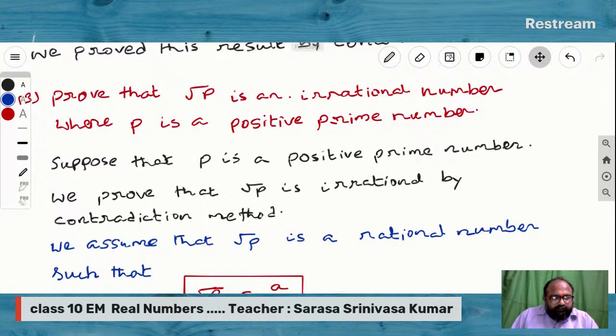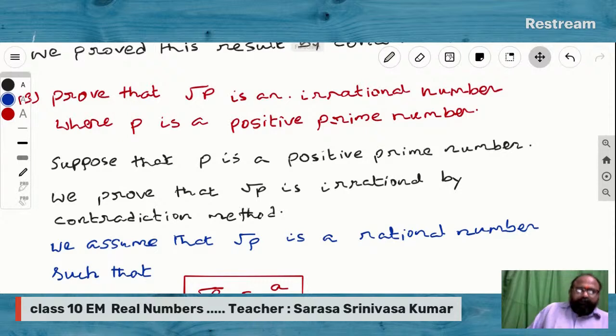Here it is given that p is a positive prime number, and we have to show that square root of p is an irrational number. To prove this result, we follow the contradiction method. By contradiction method, we assume that the given statement is wrong. That is, we assume that square root of p is not a rational number, which means it is a rational number.